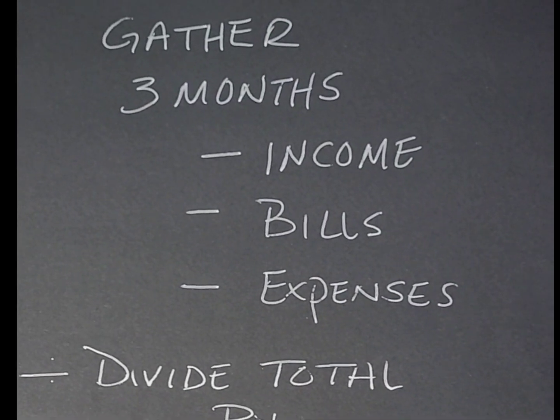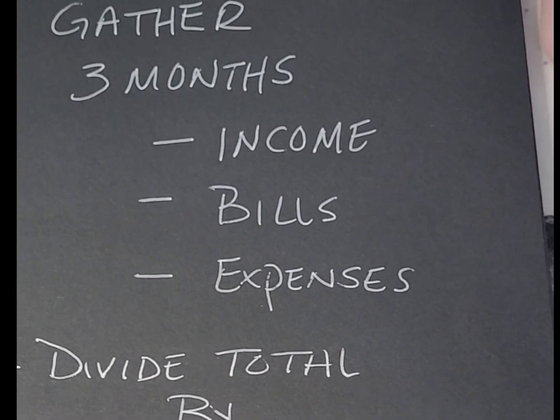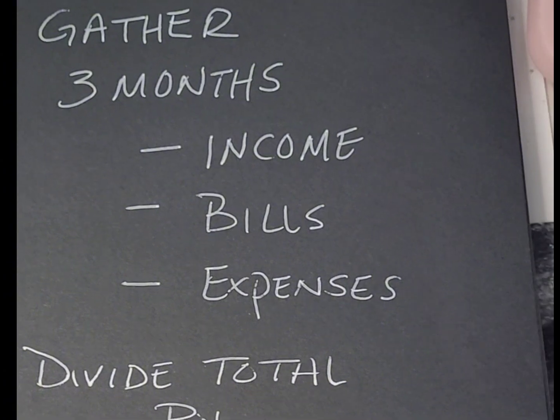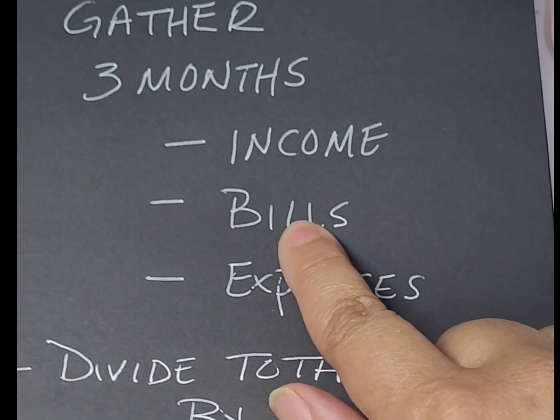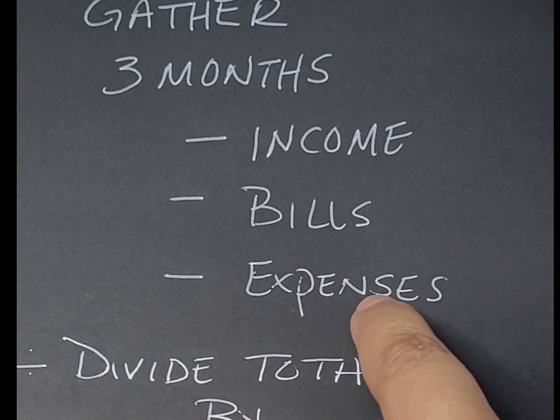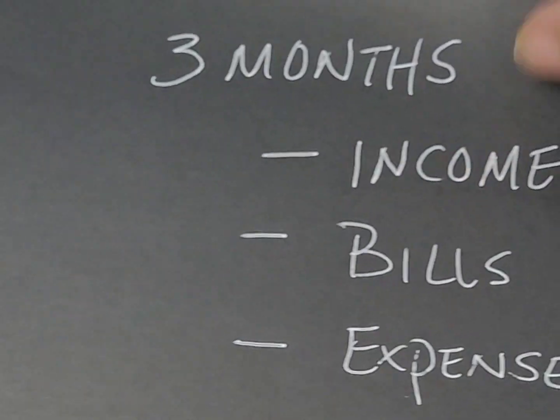Okay, so you gather your 3 months. When you gather that information, you want to gather information about your income. You want to gather 3 months total of your bills, and you want to gather 3 months total of your expenses.